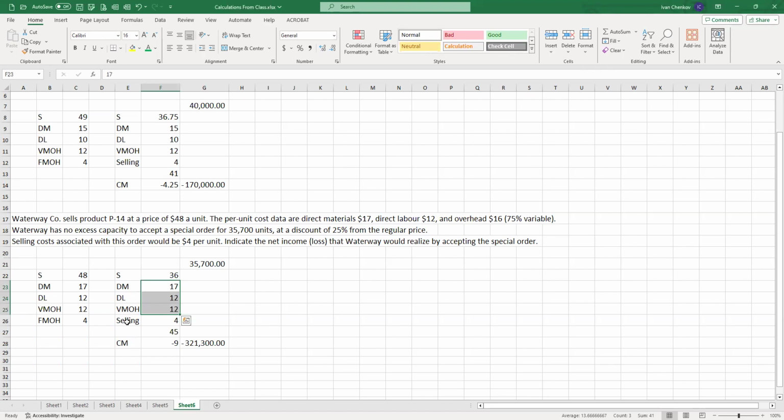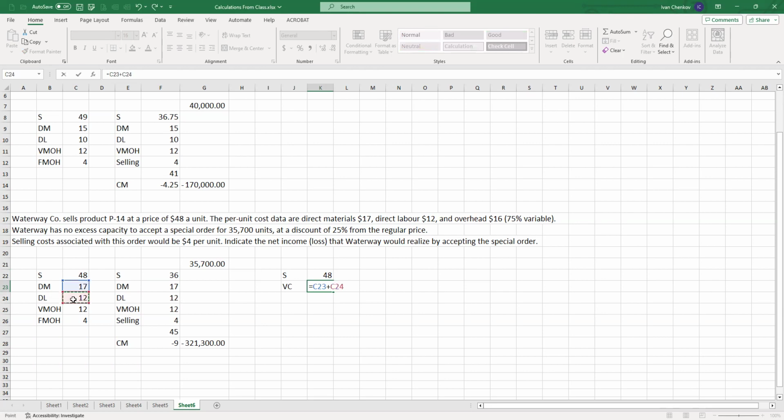So in my regular business, my regular contribution margin is how much? $7. Sales price is 48, variable cost is 41, equal to this plus this plus that. So my contribution margin in my normal business is 7, this one minus that one. Make sense? Yes, Professor.